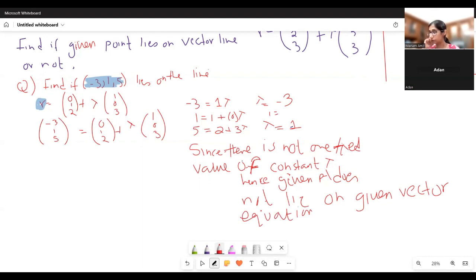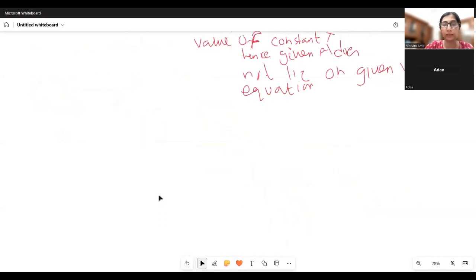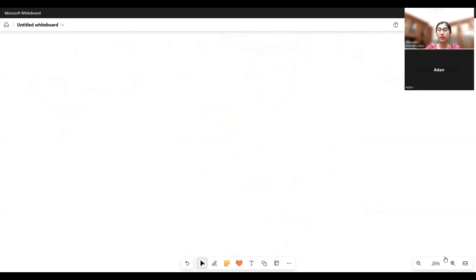What's next? So we learned how to tell if a point lies on a given vector equation or not. Let's move forward now. We're going to learn how to tell if given points are collinear or not.